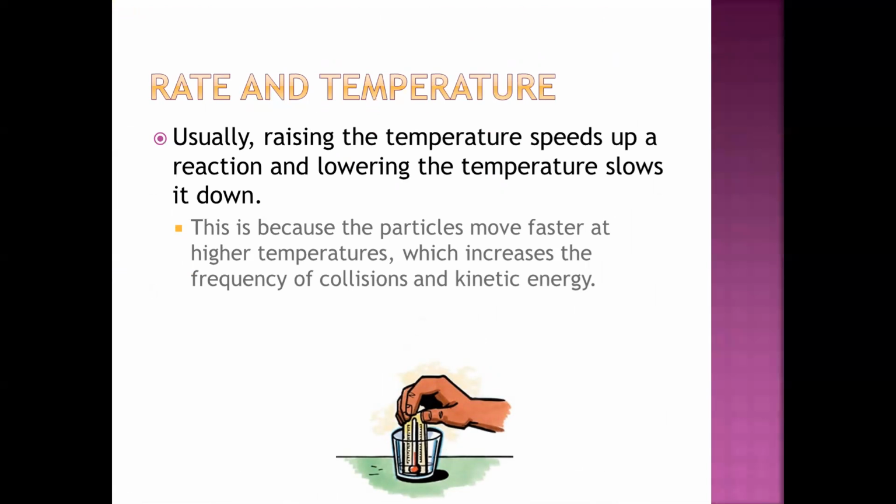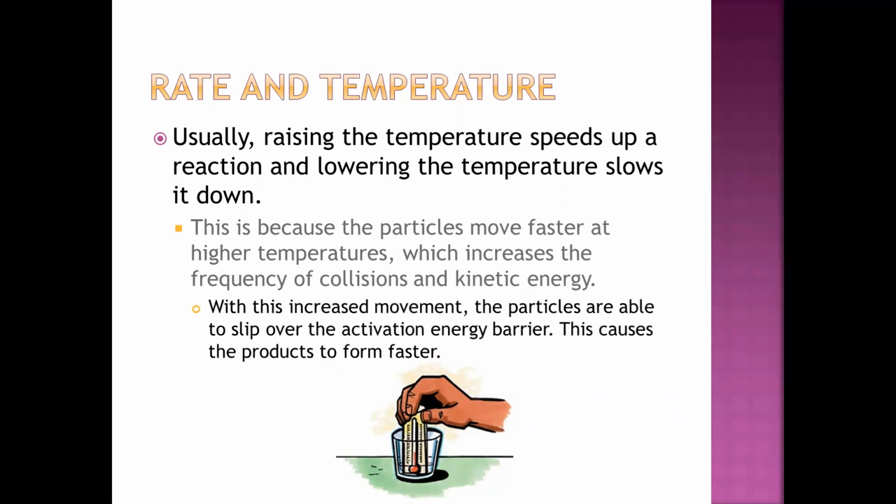And if we have collision theory and the particles are moving faster or slower, that will change the frequency of the collision. So if you are raising the temperature, that would increase the frequency of collisions, increase the kinetic energy, so increase the rate of reaction. So the products would be able to form faster when the particles move faster.